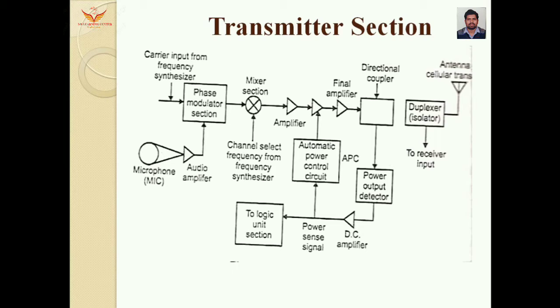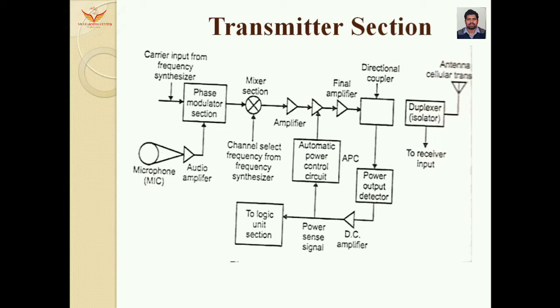And the second point, there are 666 transmit channels and the spacing between adjacent channels is 30 kilohertz. So this is all about the basic points of the transmitter section.